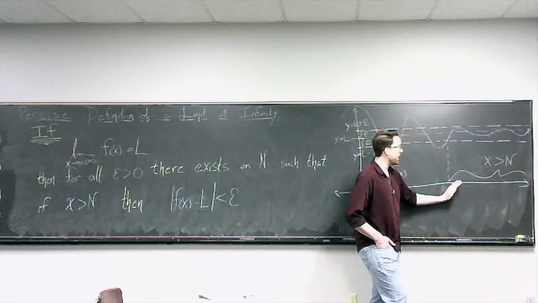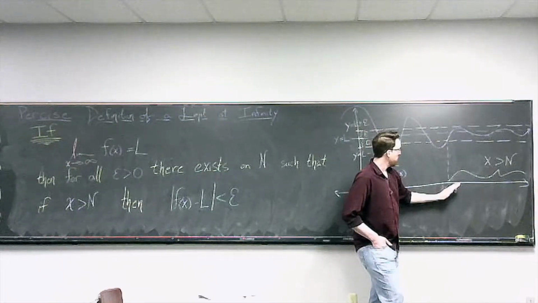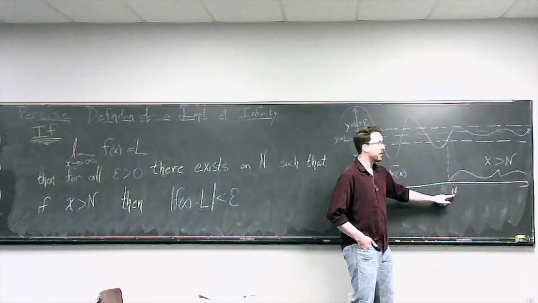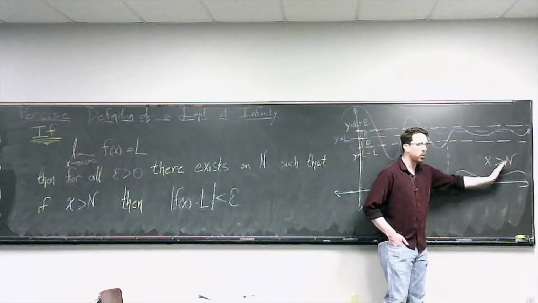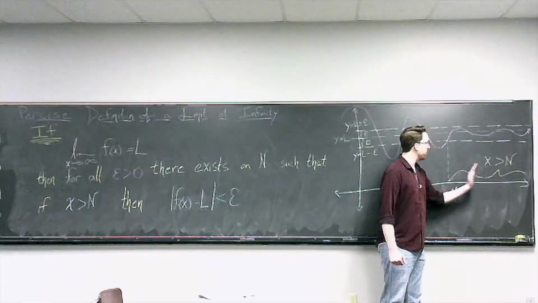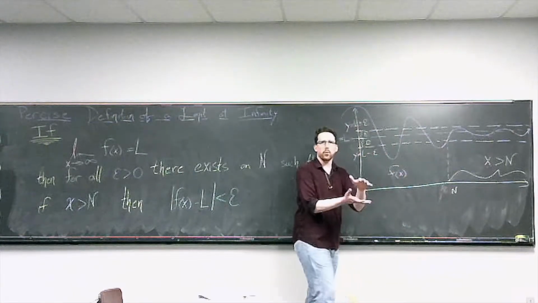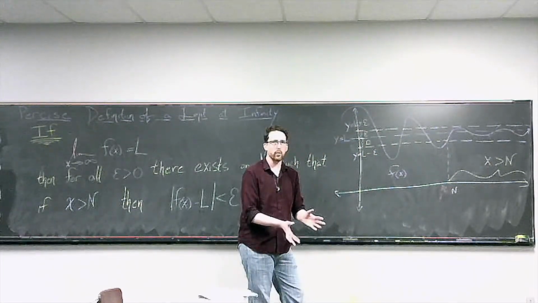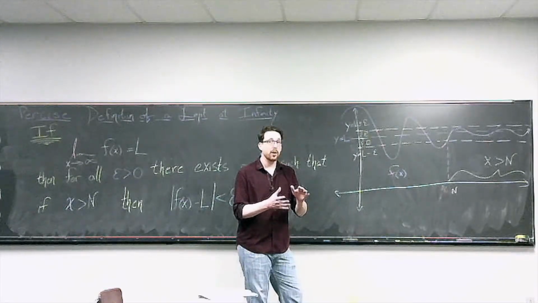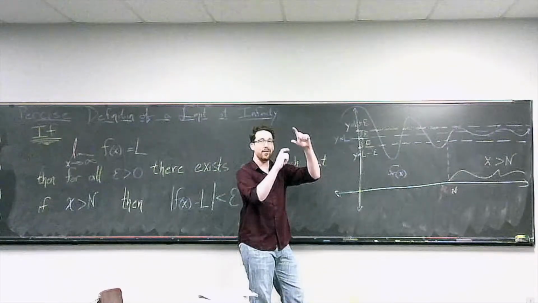We're bounding it from above and below for every x greater than n. So for each of these x values greater than n, we can put a box around, in some sense, our function. That box above and below L has a height of epsilon.